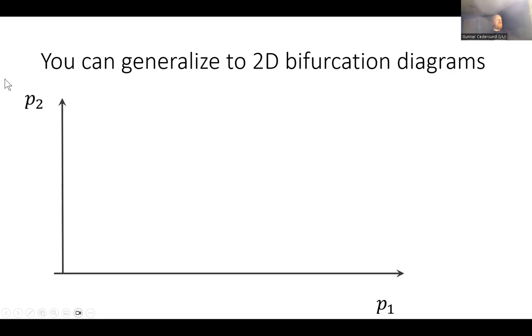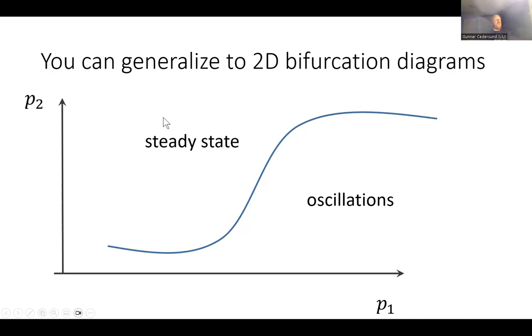So here you have one parameter, and here you have another parameter. And all of these are Hopf bifurcations. Here we have steady state behavior, and here we have oscillations. So all of these are Hopf bifurcations in the parameter space. This is also the result of a continuation.